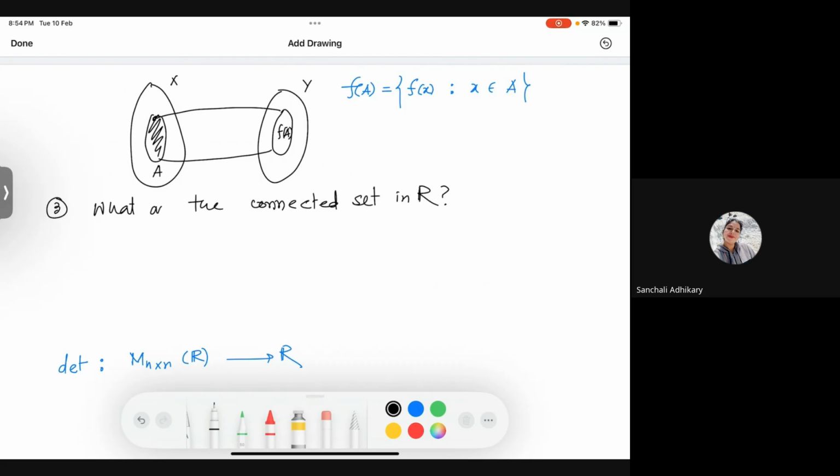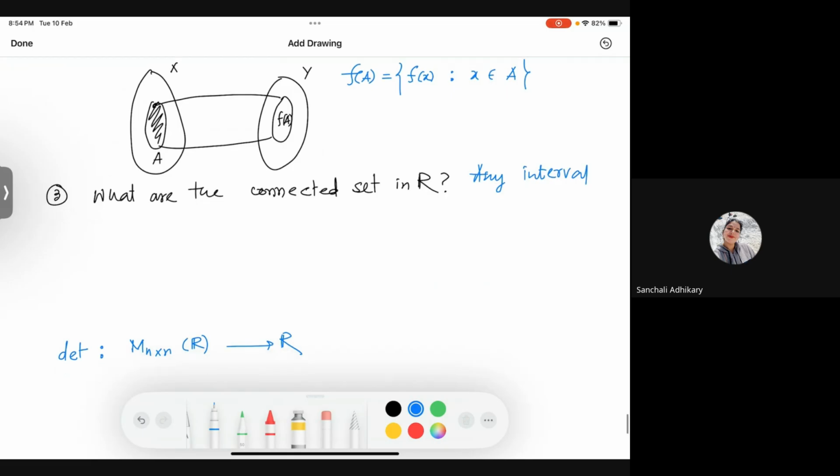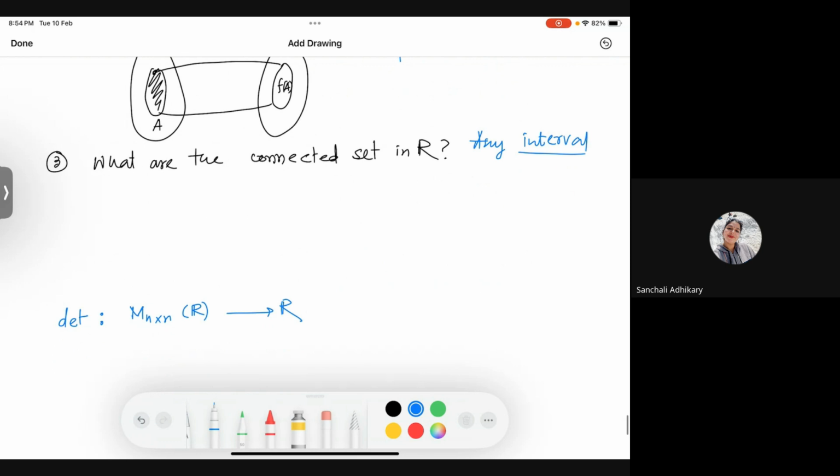Do you know? Any interval is a connected set of R. Any interval. So the empty set is also an interval. Take 0, 0. What is the interval meaning?